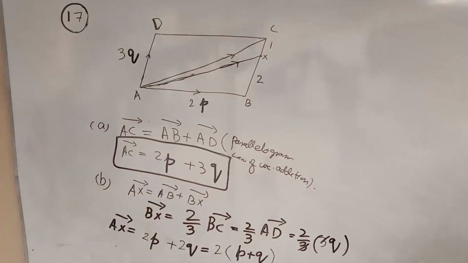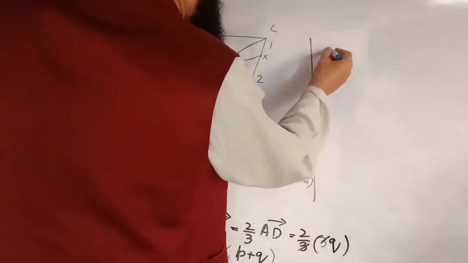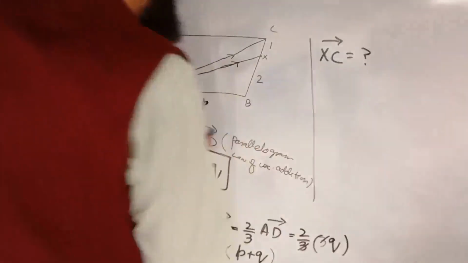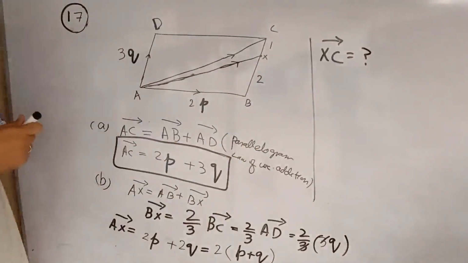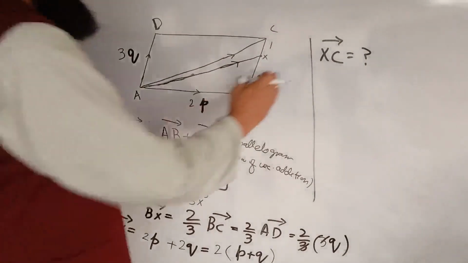Next, we have to find XC. I write it here. XC. Next part is we have to find XC. Now XC is this. Sorry, that's XD. Sorry, not XC.